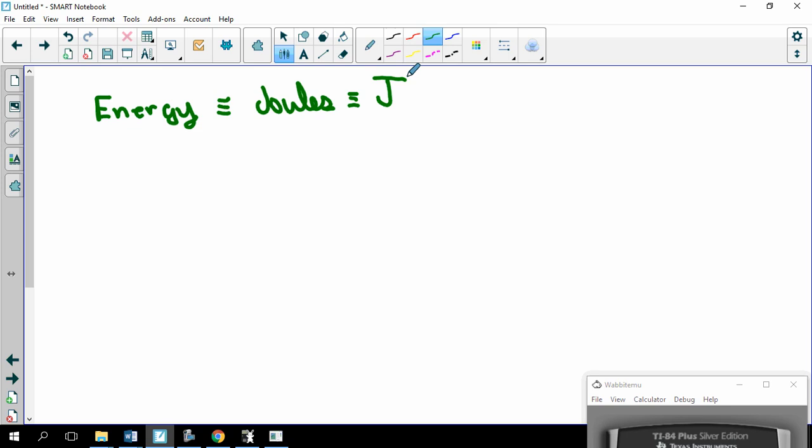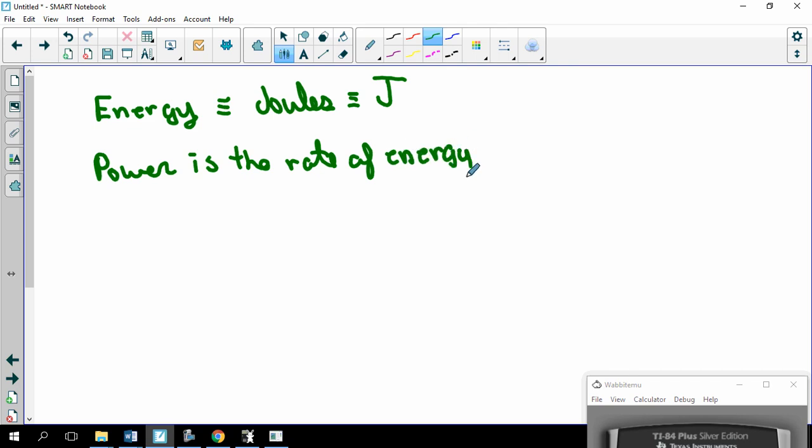The symbol is J. Now, power is the rate of energy, and 1 watt of power is equal to 1 joule per second.